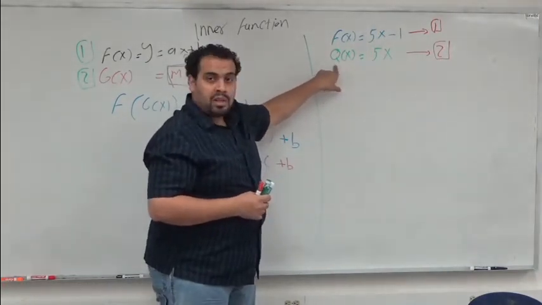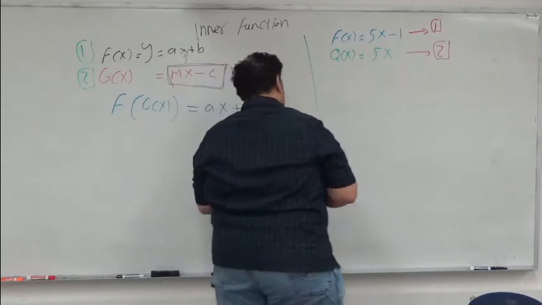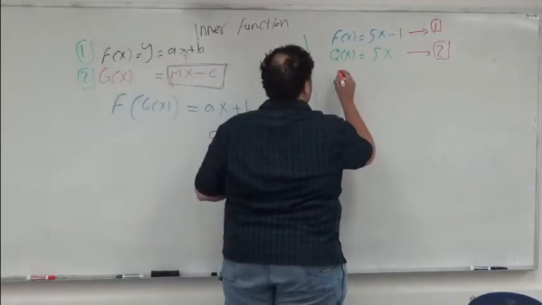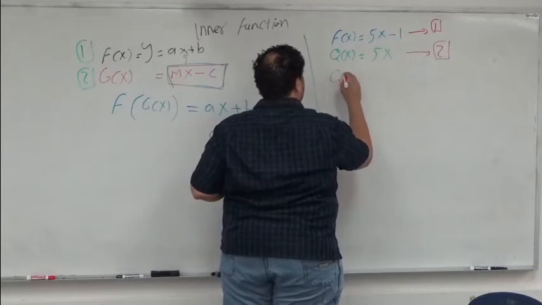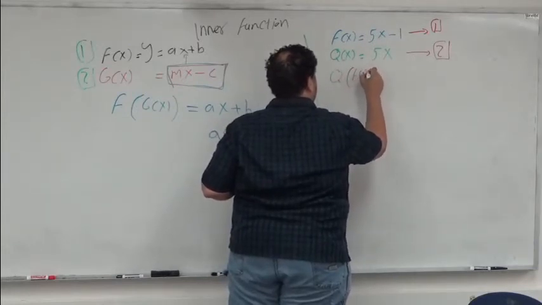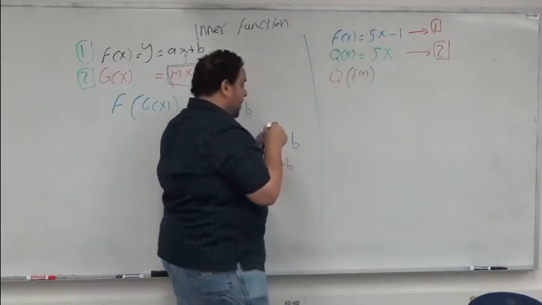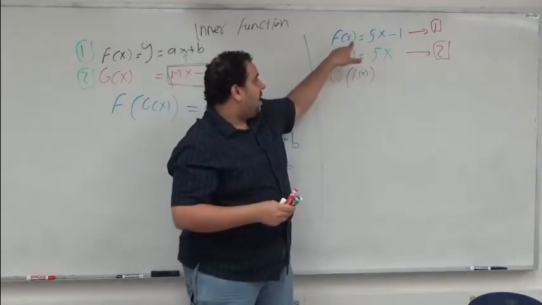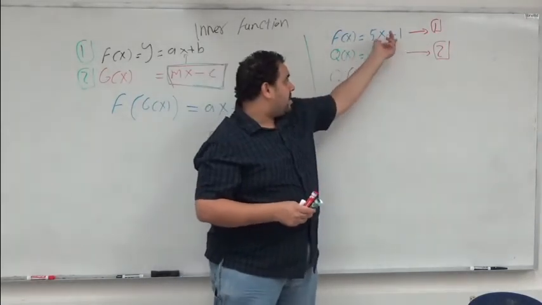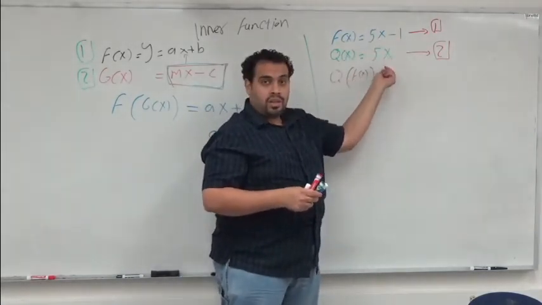So what will be outside is q, then open parentheses f, another parenthesis x. So what happened? I'm taking the f of x inside the q of x. So I'm taking this here inside this here.